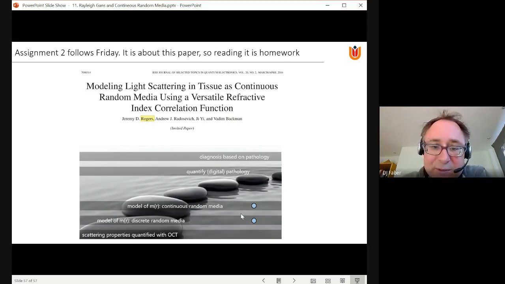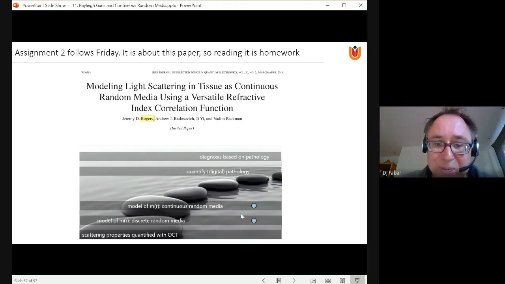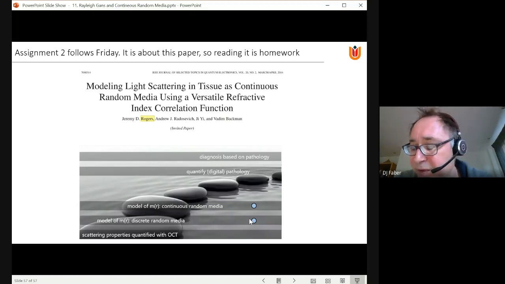What I really like about this paper is that it acknowledges that if you go through this whole new formalism, you have some work to do to interpret it. And the really good thing about this paper is that they take one sample, a collection of spheres, and try to model it using both formalisms.